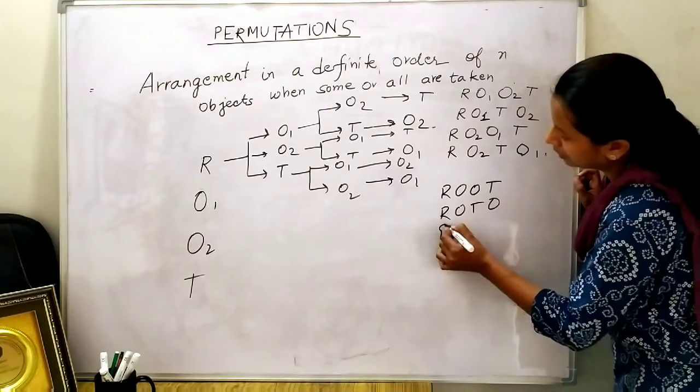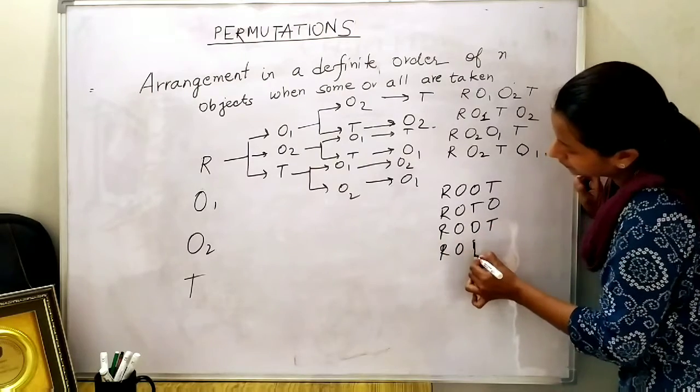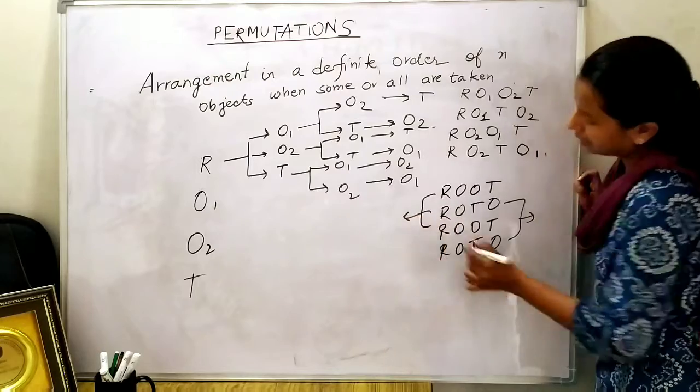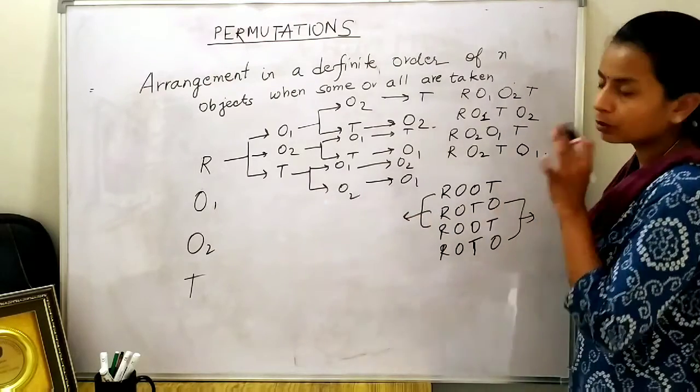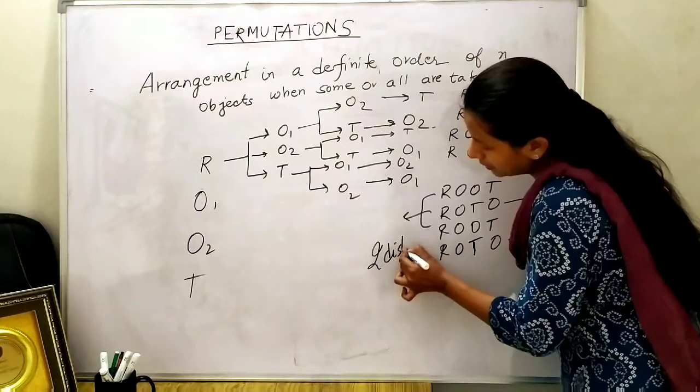When we consider O1 and O2 as similar, see what we get: root, roto, root, and roto. See, these are similar, these are similar. So out of 4, there are only 2 distinct arrangements.